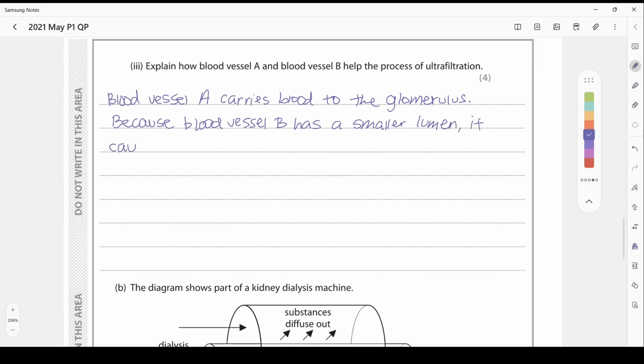It causes the blood pressure in the glomerulus to increase.